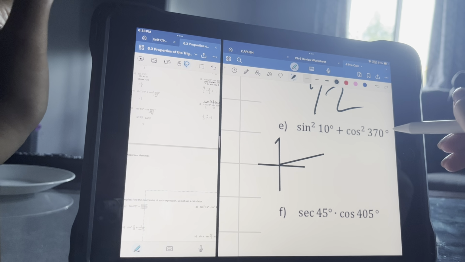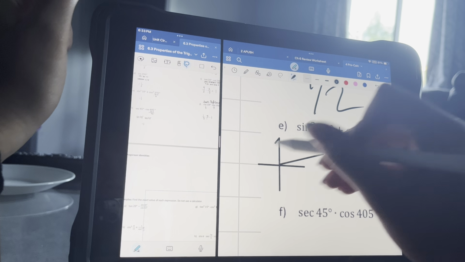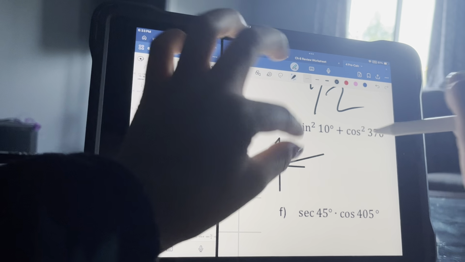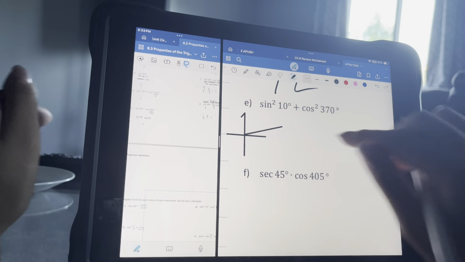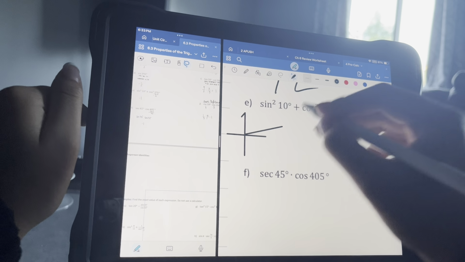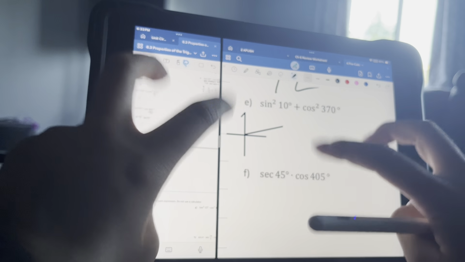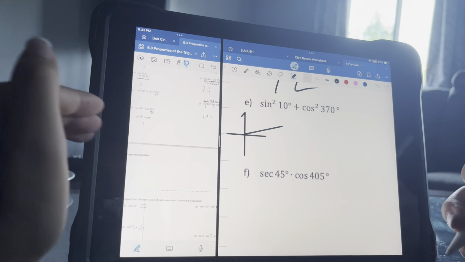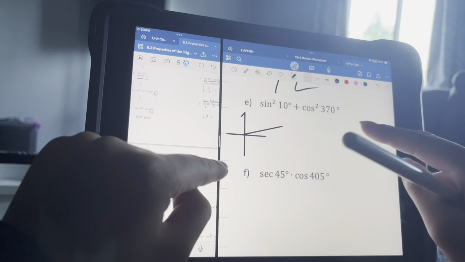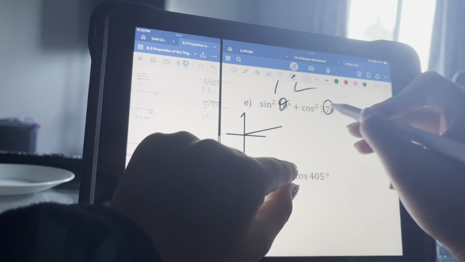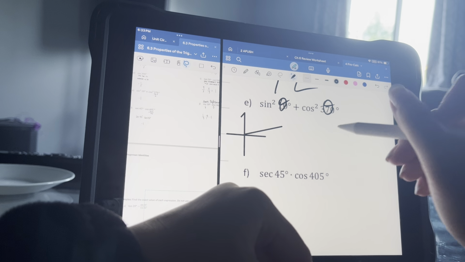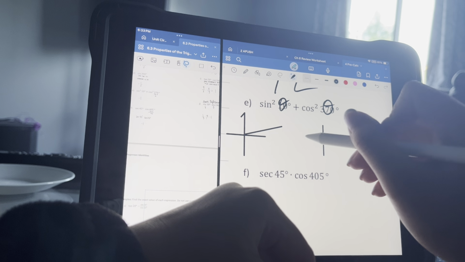Give or take. 370 degrees, well, all the way around is 360 plus another 10. Oh, they terminate in the same spot. Trig doesn't care about the journey, it cares about where it terminates. These angles are the same. Obviously 10 does not equal 370, but they end in the same spot. So essentially, this is theta, this is theta. We know that has a property 1. It equals 1.